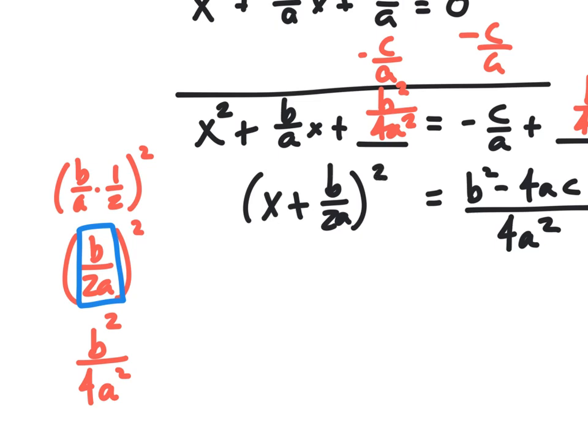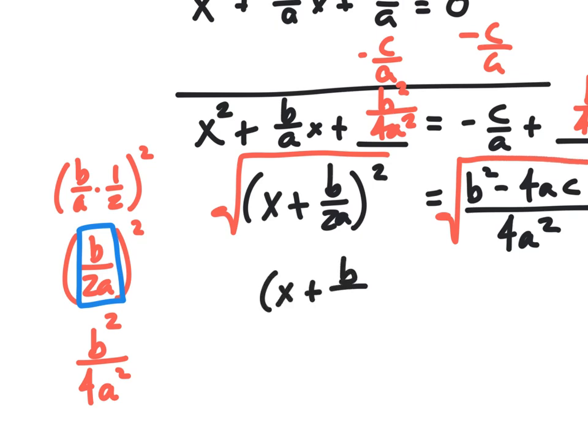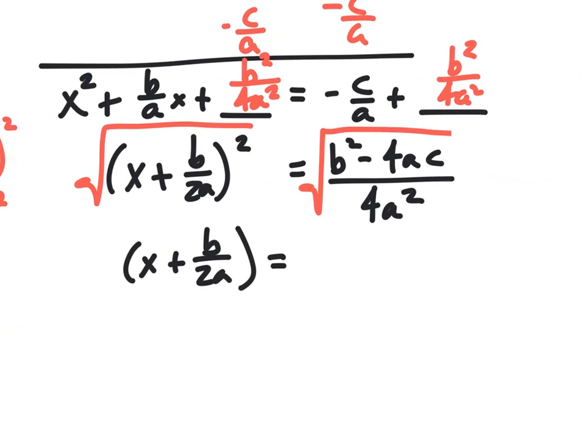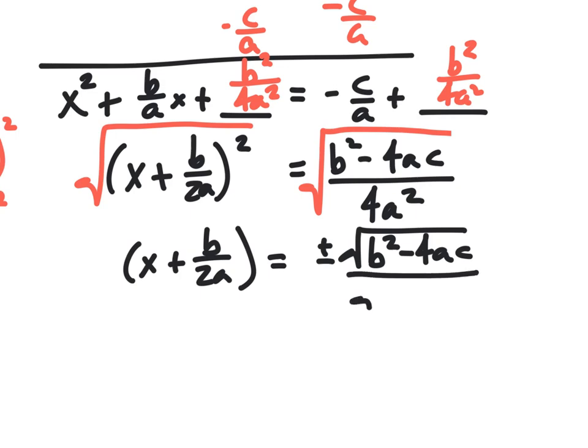Now I'm going to take the square root of both sides, and I end up getting x plus b over 2a equals plus or minus the square root of b squared minus 4ac over the square root of 4a squared.